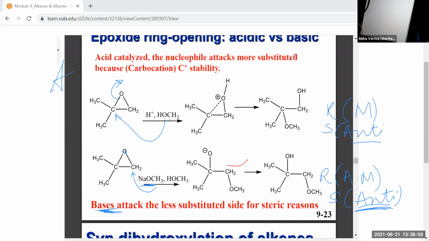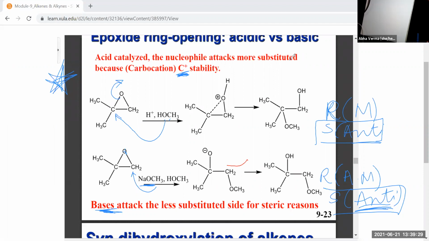So knowing your epoxides, the stereochemistry is anti for all of the conditions, but you need to remember for your own synthetic strategies what will happen when your conditions are acidic. With acidic conditions, a carbocation will be generated. Whenever a carbocation is generated, it will form a more stable situation.